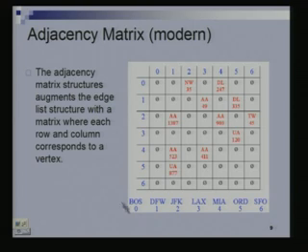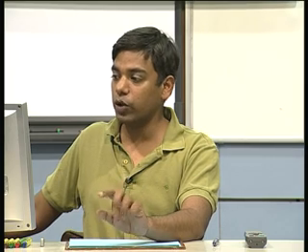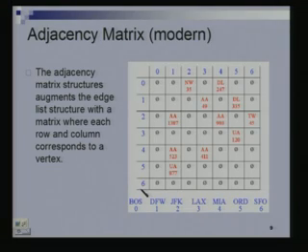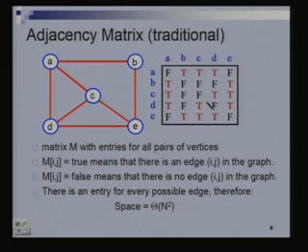You could also have the edge list together with the adjacency matrix, both of them together. Recall that in the edge list, for each edge you would have information about what the two endpoints are. They could be referring to the corresponding locations here. Instead of pointers, they could just be integers now, telling which row that corresponds to. And here, instead of ones and zeros, for the ones you could also have the corresponding edge.